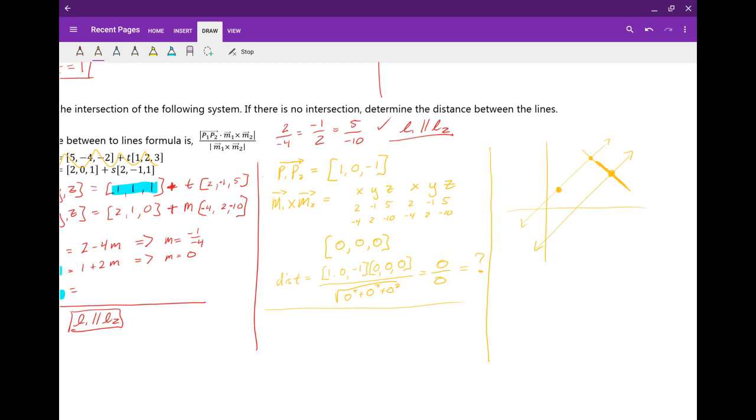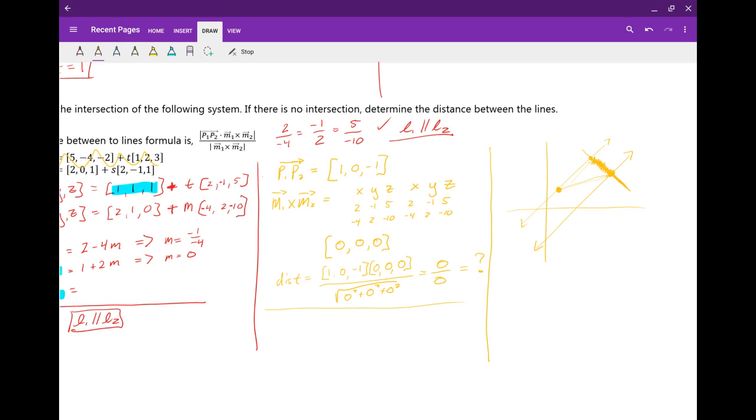You would then draw a vector between these two points, and you would project it onto that other vector.